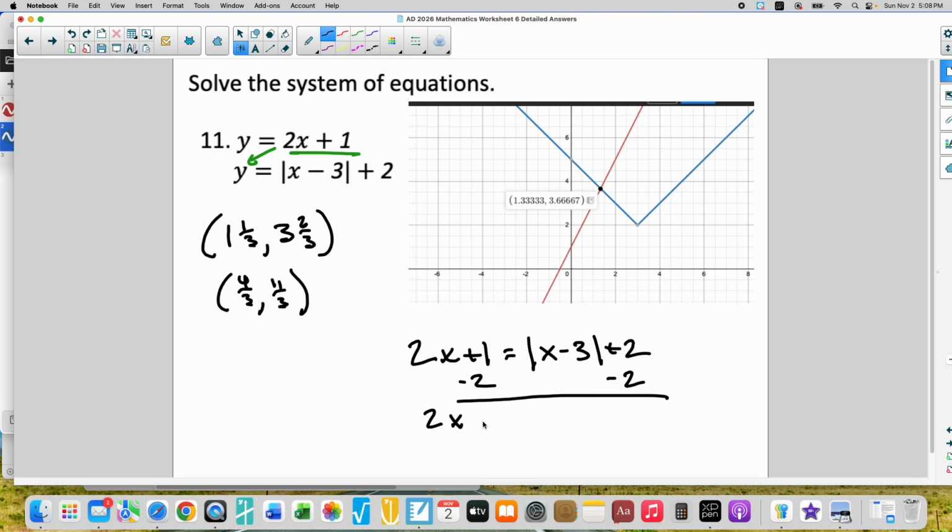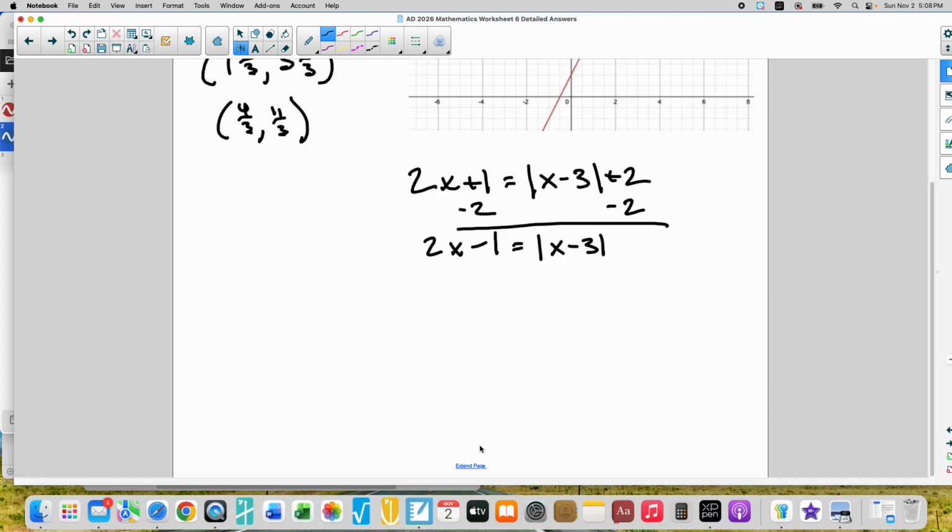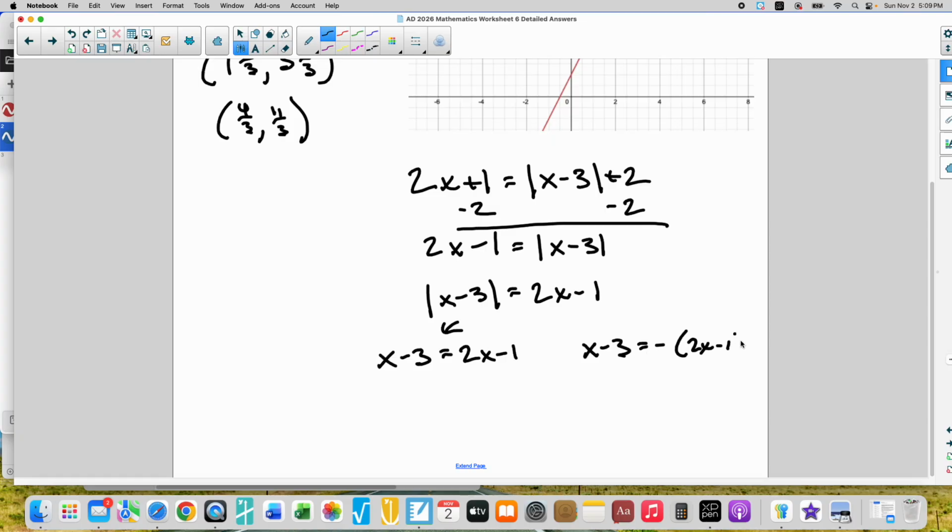We get 2x minus 1 equals the absolute value of x minus 3. Actually, let's reverse that. The absolute value of x minus 3 equals 2x minus 1. We write our two statements. x minus 3 equals 2x minus 1, and x minus 3 equals the opposite of 2x minus 1.